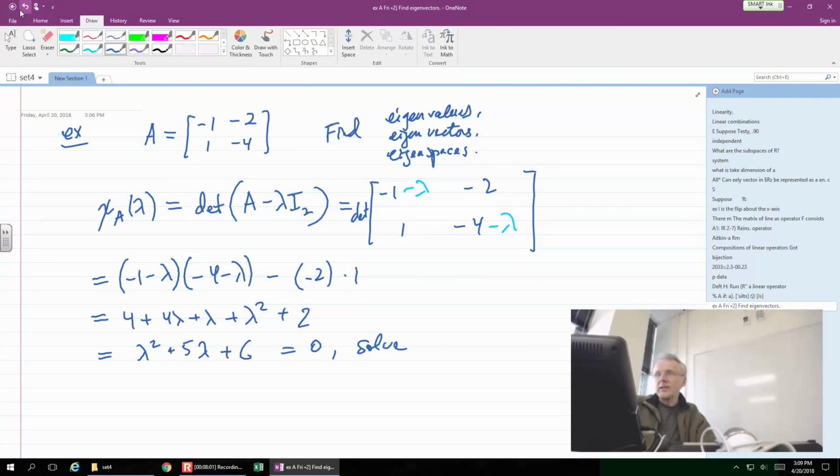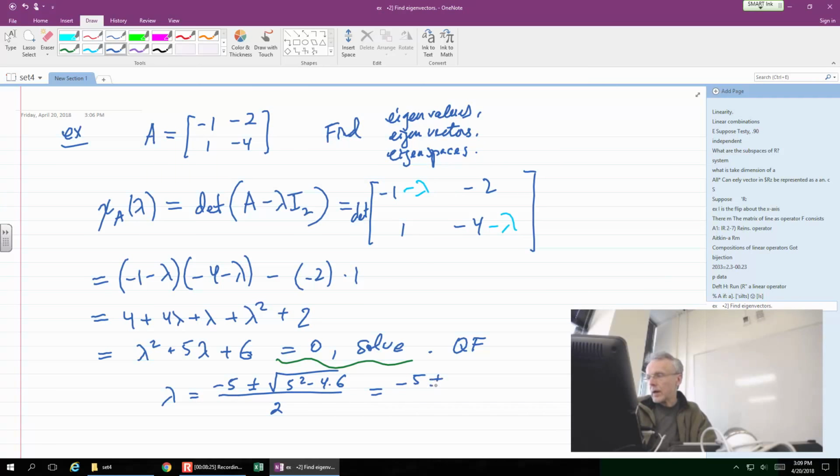So that's the next step, and solve. How do we solve quadratic equations? Quadratic formula. So I won't try to be fancy, just plugging into the quadratic formula. -5 plus or minus the square root of 5 squared minus 4 times 6, over 2. So -5 plus or minus, what is it, 25 minus 24, right?